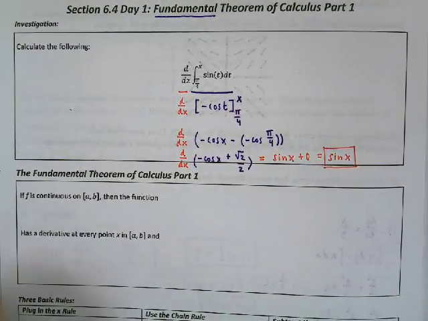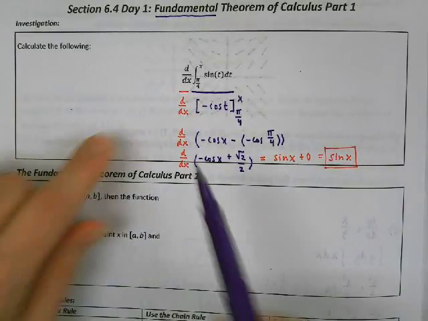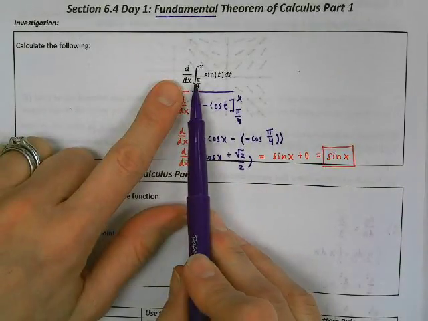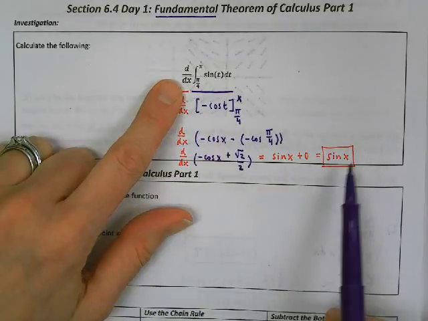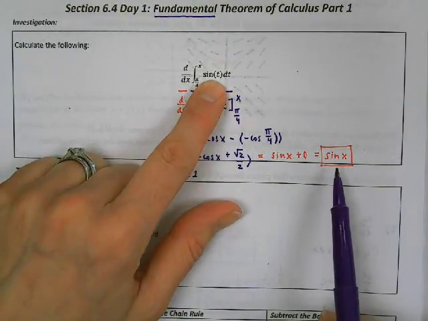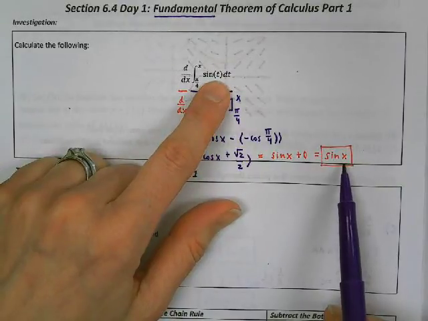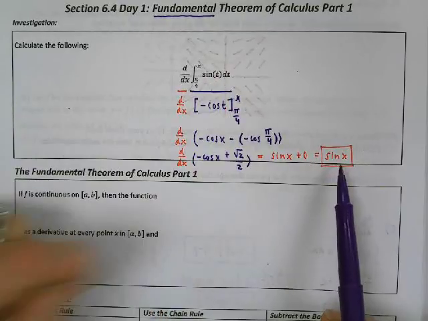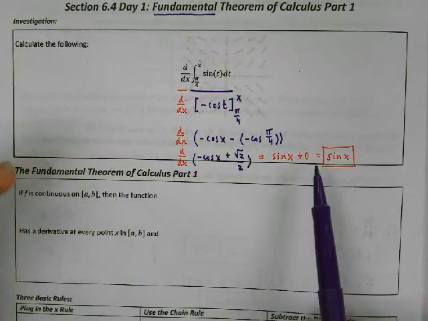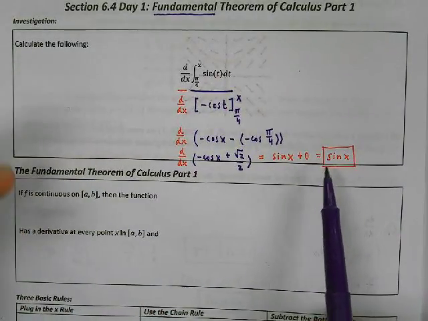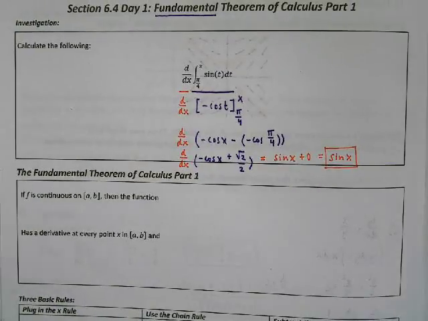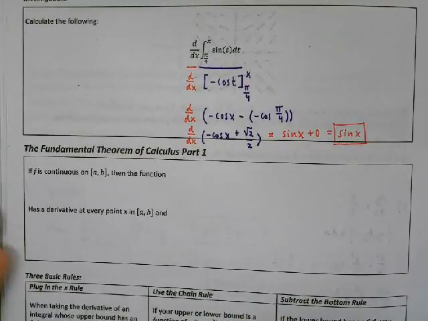Here's what I want us to notice. When we took the derivative of this integral, what we ended up with was just our integrand, and we substitute the x for that variable. This is what is called the fundamental theorem of calculus part 1. Here's how it looks, and then we'll talk about what it means.